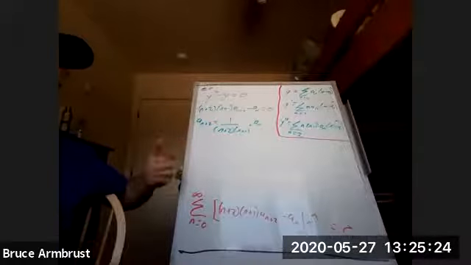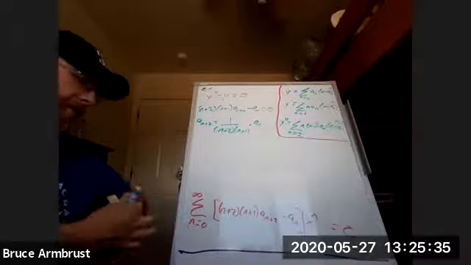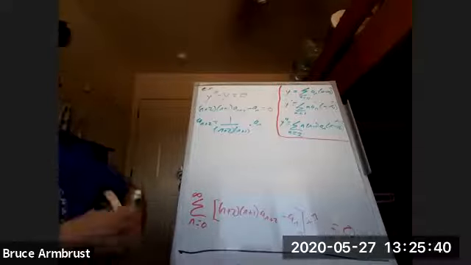But now here's what we're going to do. We're actually going to figure out what these A's are. So we need to start with A sub 0, right? With our sum down here, we start with n equals 0. So what does A sub 0 equal?